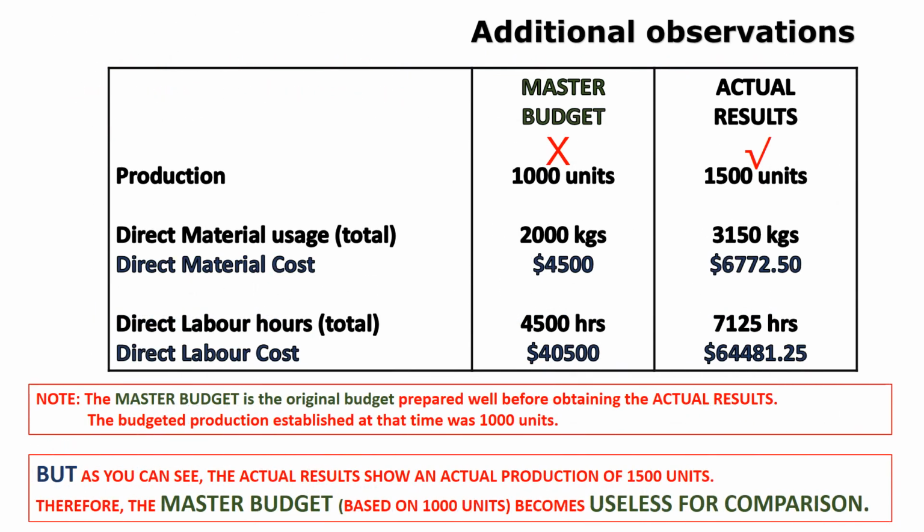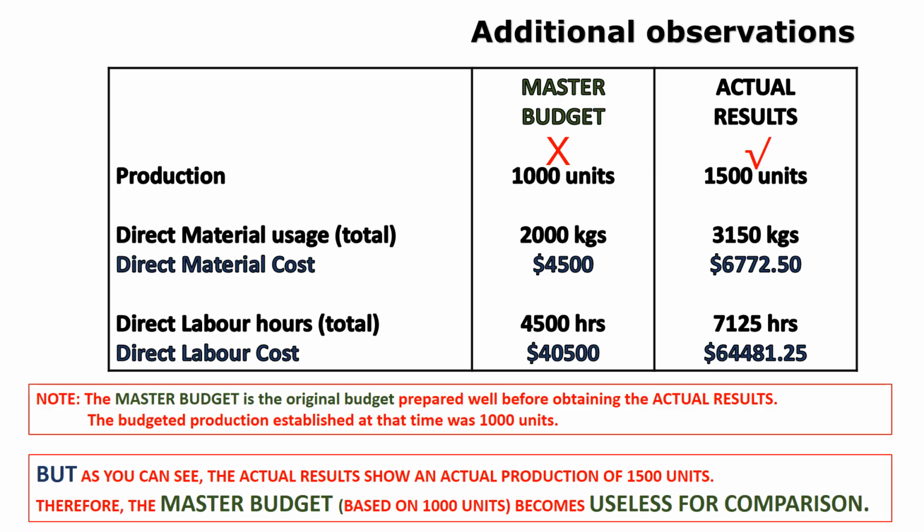The master budget is the original budget, prepared well before obtaining the actual results. The master budget was calculated on a budgeted production of 1,000 units, which was established at that time. But as you can see, the actual results show an actual production of 1,500 units.